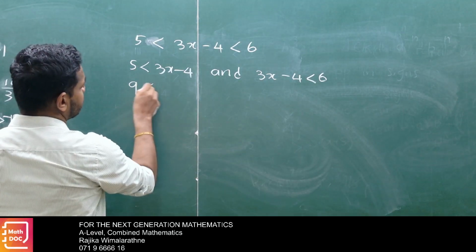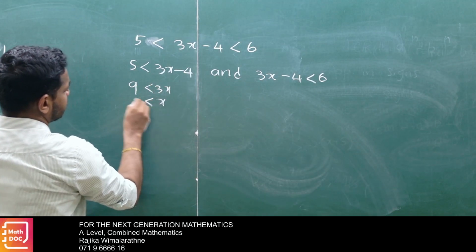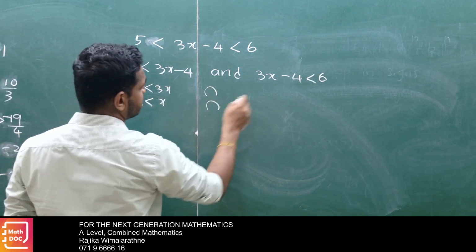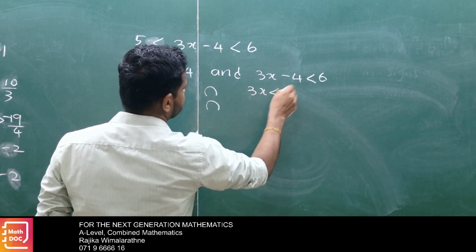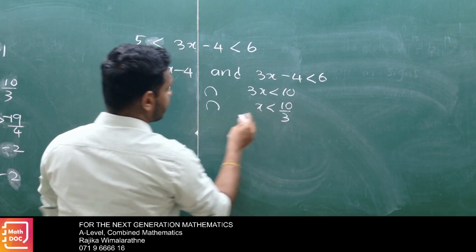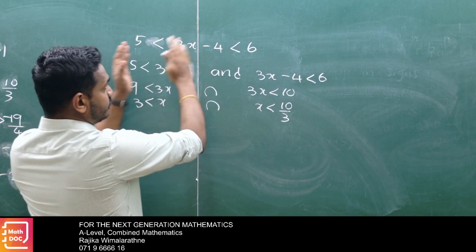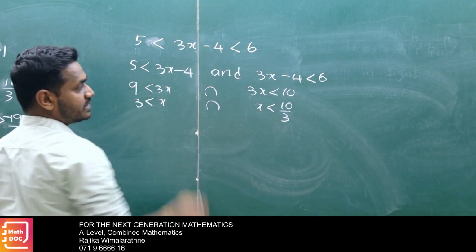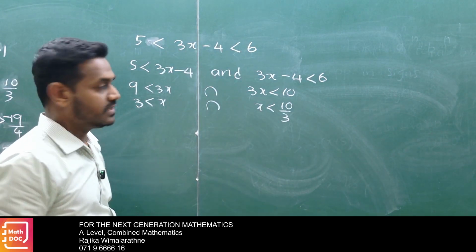Then here 9 less than 3x, so x greater than 3. And it means intersection. Then 3x less than 10, so x less than 10 divided by 3. Likewise, you can separate them. We have two inequalities now. With the AND operation, you separate it.